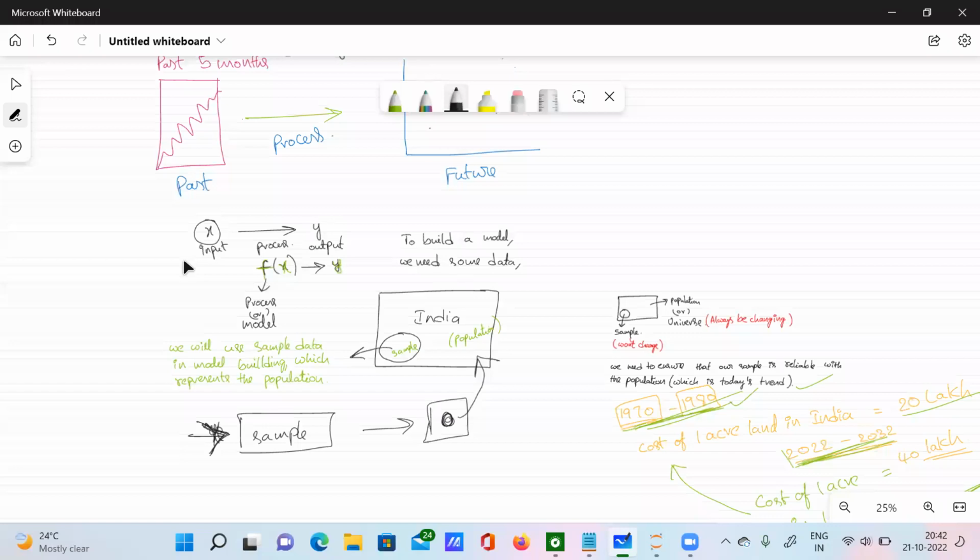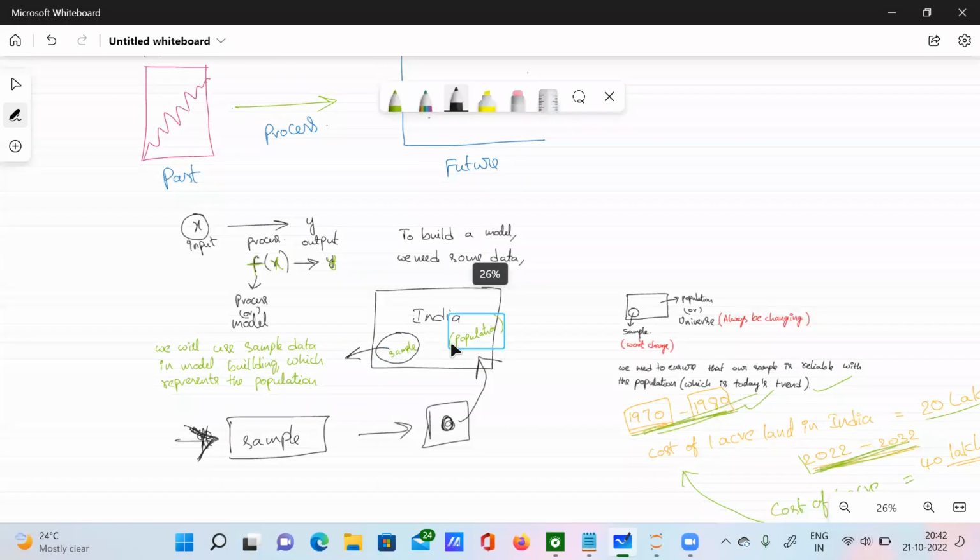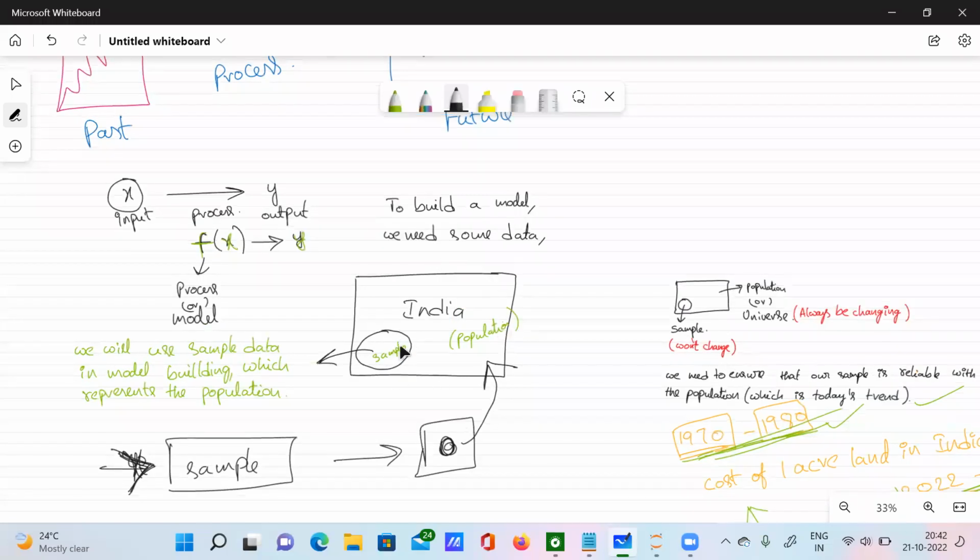So here comes the topic of sample and population. Why? Because this is the population, and out of all the population, we only grab some data points, which are our sample. Because we can't approach each and every person of the population. That would be an absolute waste of time, and it would also cost more.